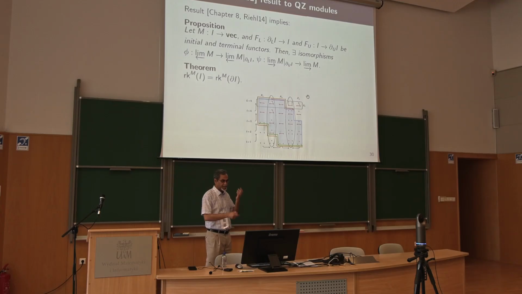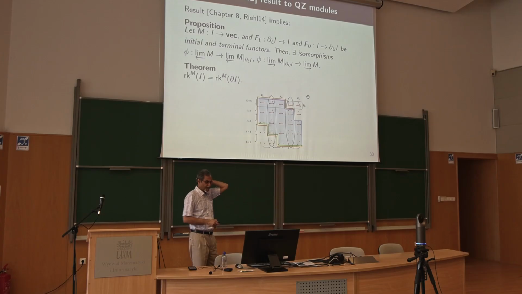This proposition says that once you have an initial functor, basically if you have the limit of M and the limit of M restricted to the lower fence, there is an isomorphism from this limit to this limit. Similarly, there is an isomorphism from the colimit to the colimit here.